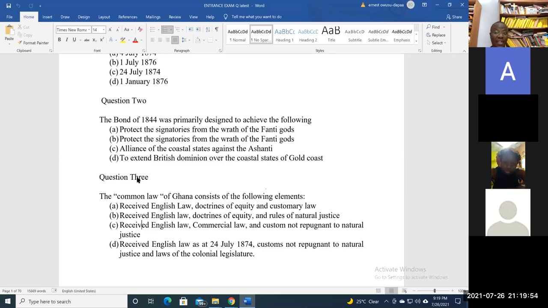And then the Constitution explains the common law of Ghana as being the common law, doctrines of equity and customary law. But here, we will just substitute received English law for the common law. So received English law, that is like the common law, the doctrines of equity, and then the customary law. So therefore, A is the correct answer in the circumstances, as it were.